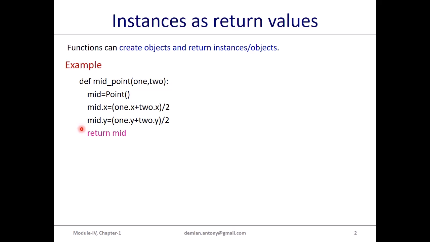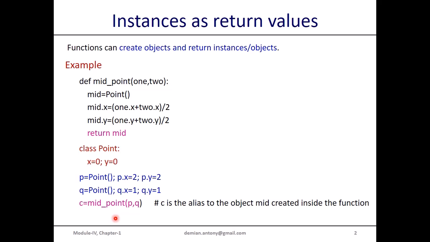And how do we return this object? Simply return the object name. This returns the object that is created within the function midpoint. So this is a class definition where we initialize a point with x and y, and we create the object here in the main, p equal to point, and then we assign the new values to x and y, and we create another object q with the values 1 each.